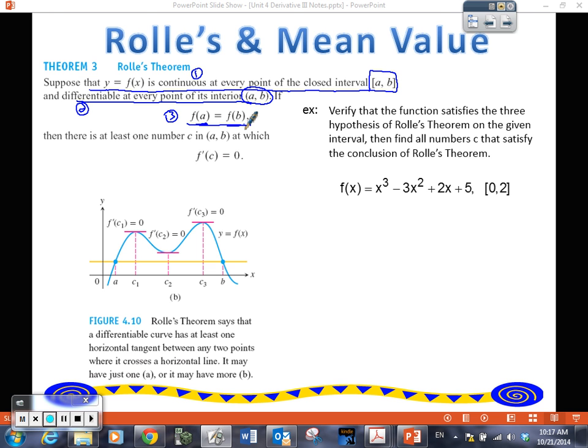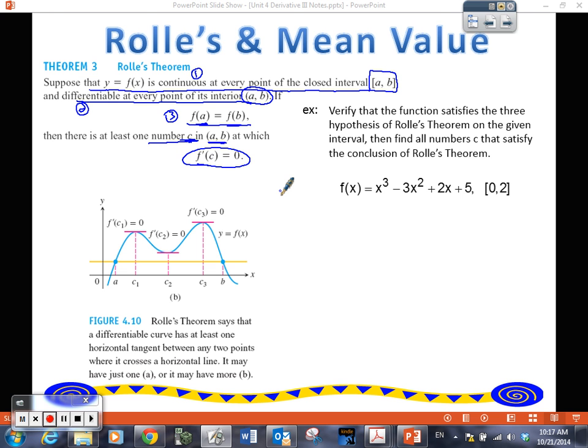We need to be continuous on the closed, differentiable on the open, and the y values of the endpoints have to be the same. All right, if those three criteria are true, then we have at least one number c. Keep in mind they mean c is an x value. I know they like using the letter c, and that really confuses students, but they're saying there's at least one x value in this open interval where the first derivative would be equal to 0.